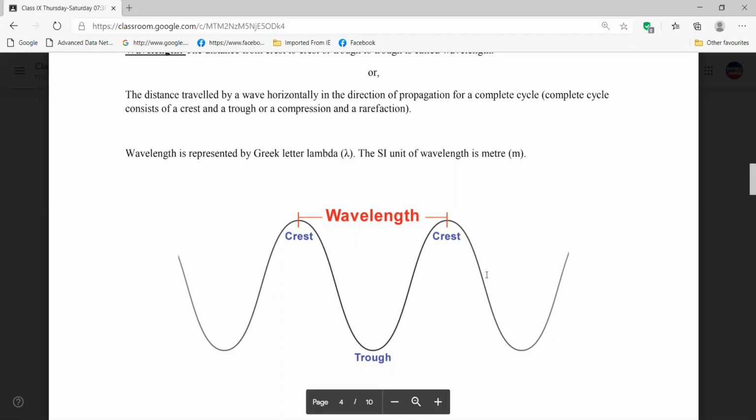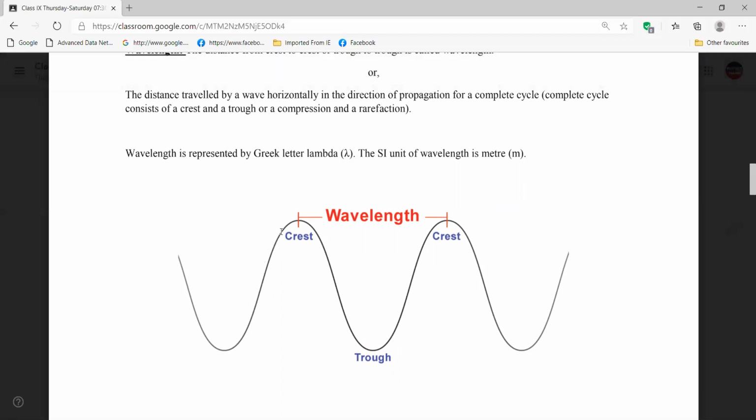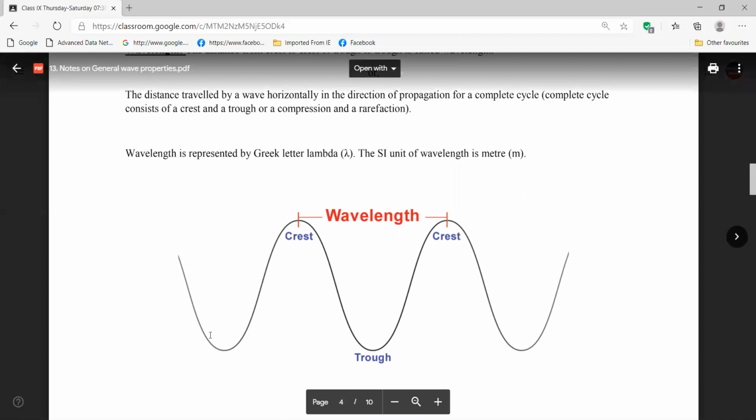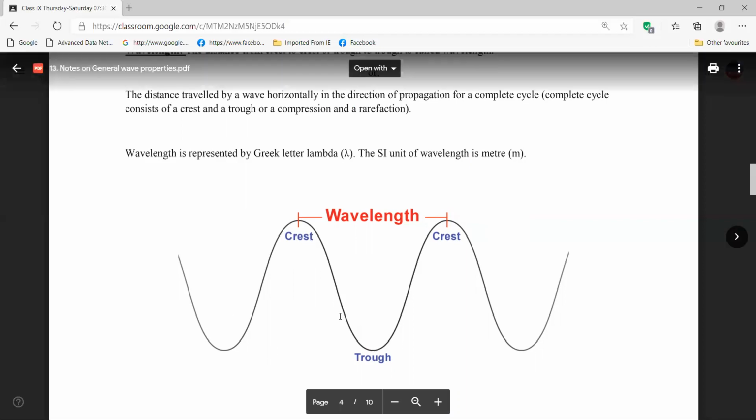This way we can represent one wave, and we see the upper side of the wave and the lower side of the wave, right? Yes, sir. So the upper side of the wave is called crest and the lower side is called trough. Is it clear? So here in this wave we have two crests and three troughs.